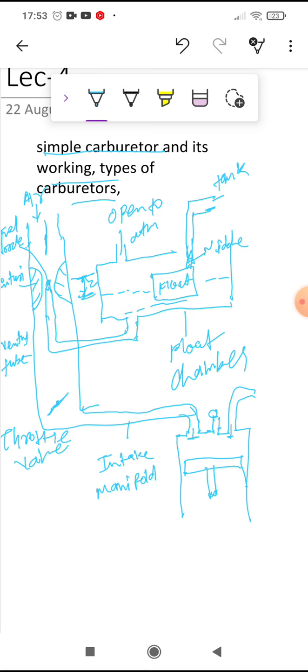Now we will see the modern carburetors that are being used in today's engines. The various carburetors used in today's times are very complex, so we'll see them one by one. Just tilt your phone because now we are going to see a horizontal view.